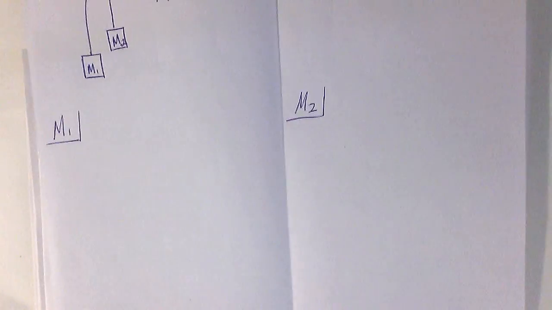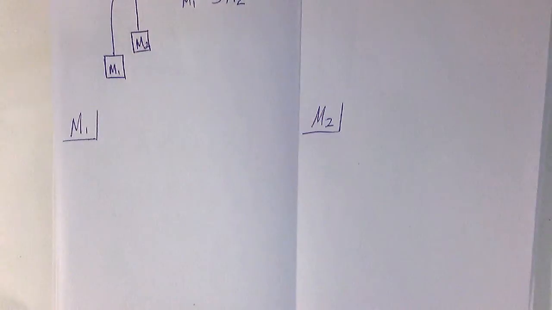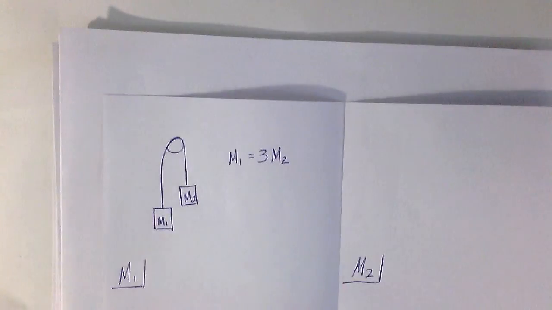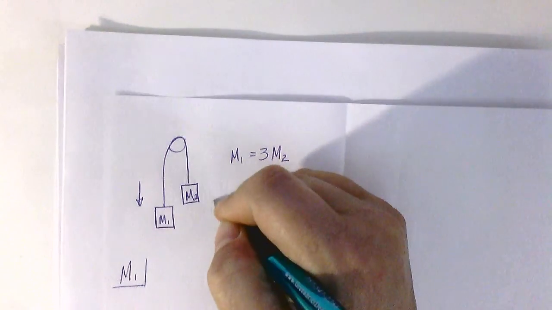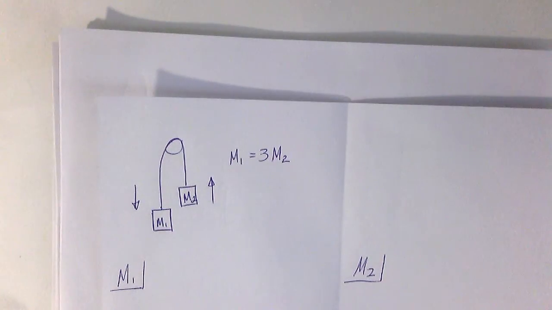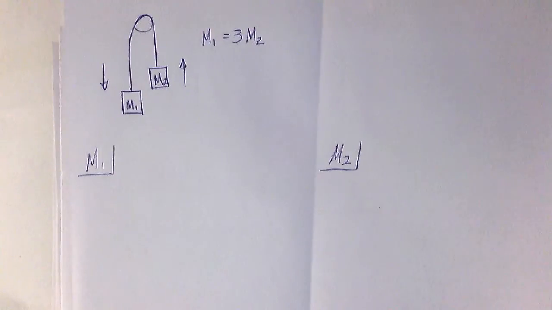And that way I can keep both blocks straight. Okay, so block M1 is going to be heavier than M2. So that means it's going to move down. So this is going to be the direction of our system. Block M1 is going to go down, block M2 is going to go up.